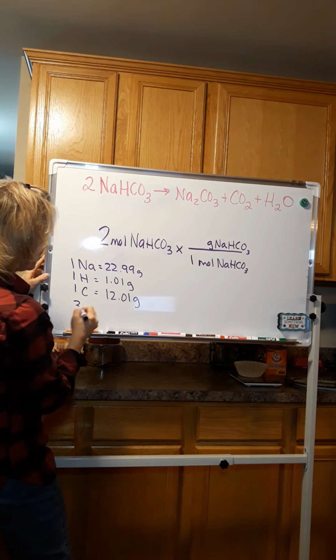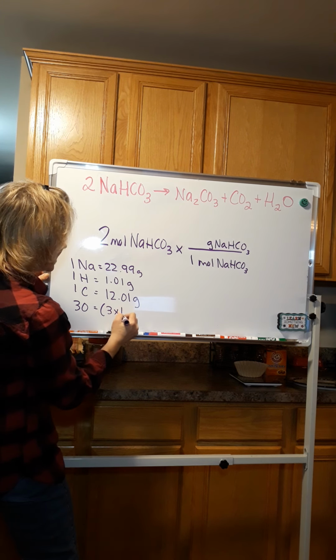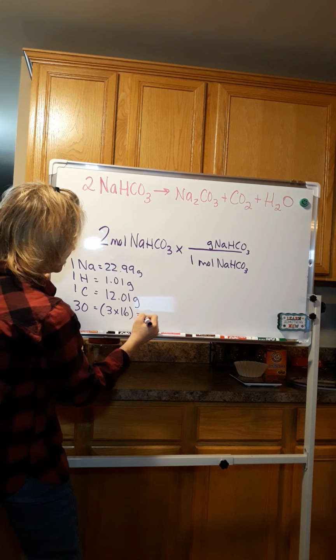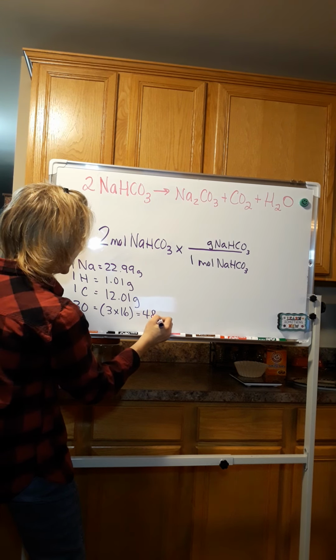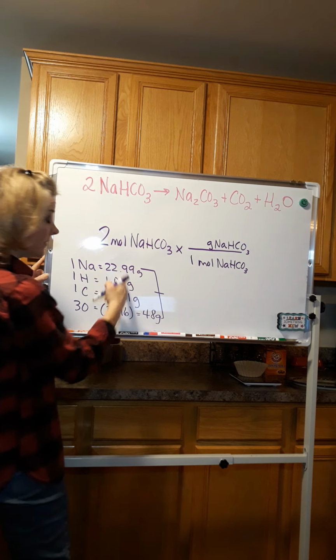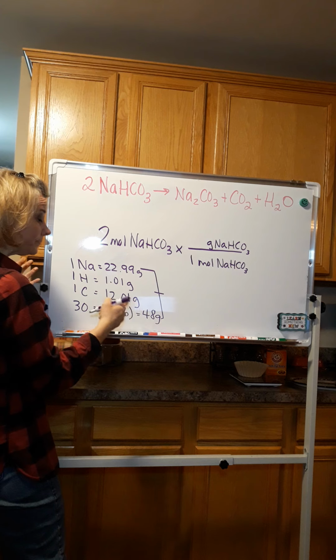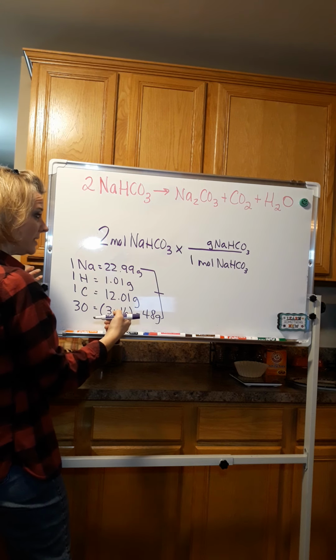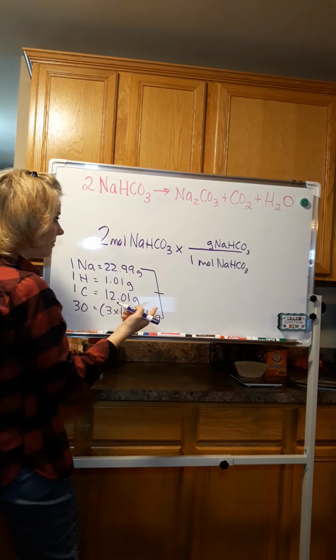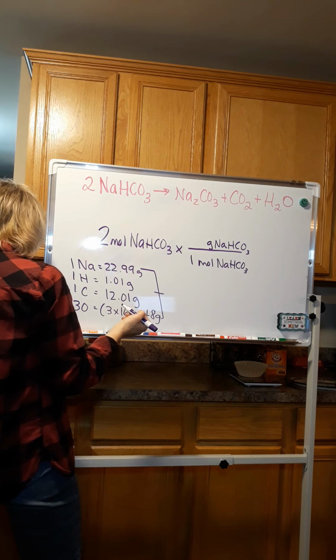And I have 3 oxygens, which is the same as saying 3 times 16, which is 48 grams. First of all, I got all of these numbers from the squares on the periodic table. And if I add them all together, I get the mass of 1 mole of my compound, sodium bicarbonate.